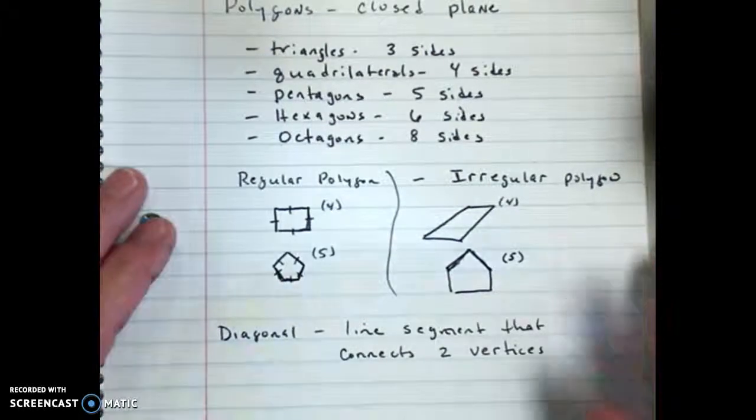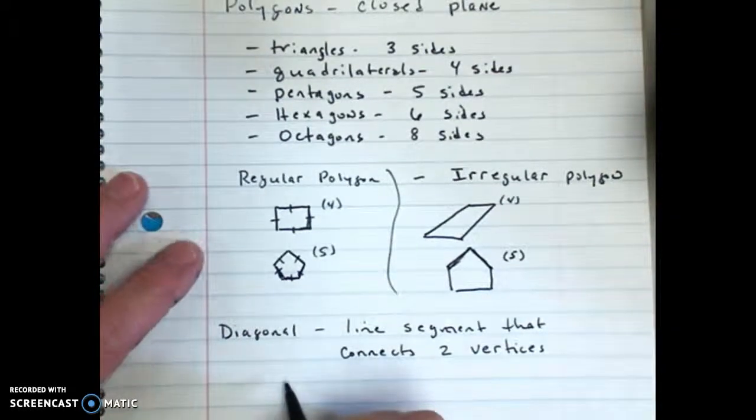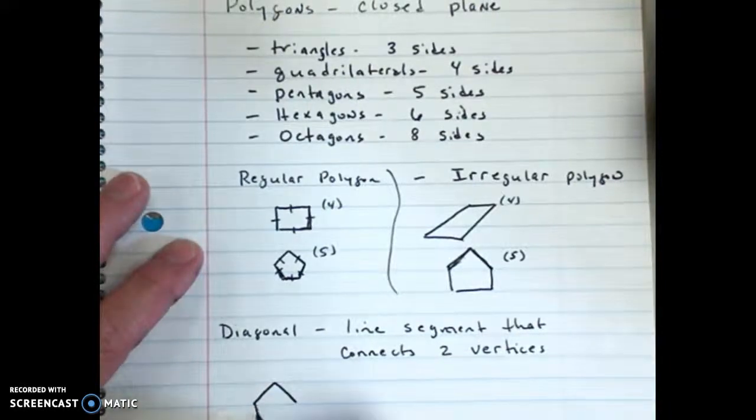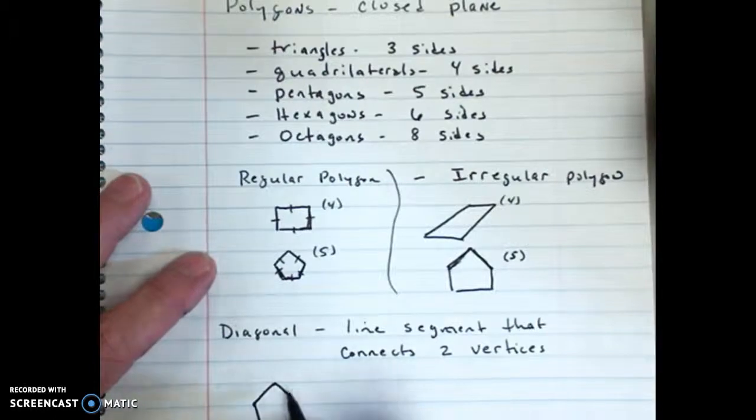An example of a diagonal is this. Let's say we have a pentagon, and let's draw a pentagon. A diagonal is when we draw a line segment that connects two vertices, not counting the outside edges.